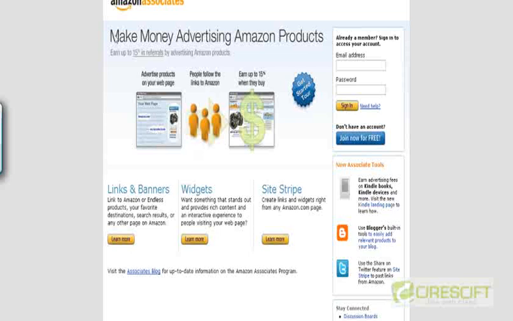So they may give a certain percentage of the cost of the product to you as a commission. So that's called a cost per acquisition model.